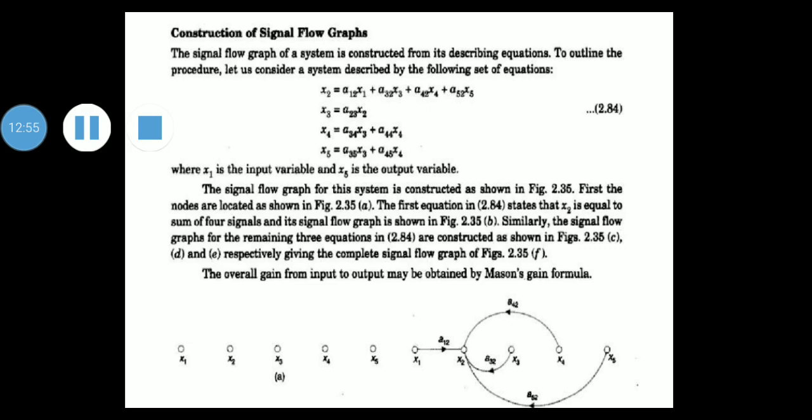The first equation is x2 is equal to a12 x1 plus a32 x3 plus a42 x4 plus a52 x5. Next, x3 is equal to a23 x2. x4 is equal to a34 x3 plus a44 x4. Then x5 is equal to a35 x3 plus a45 x4.